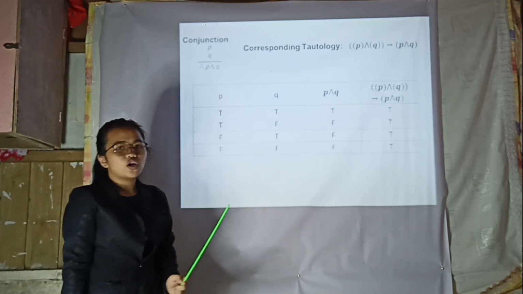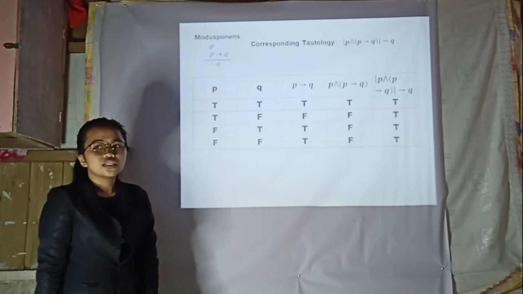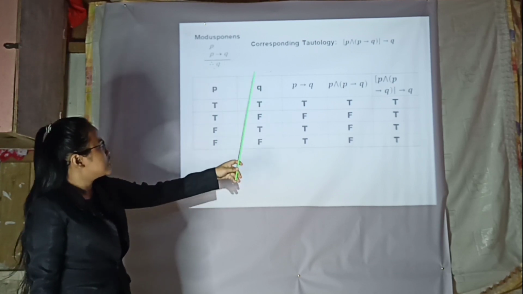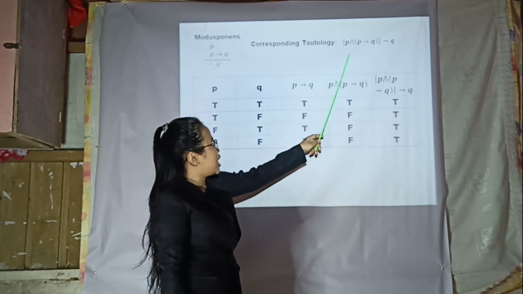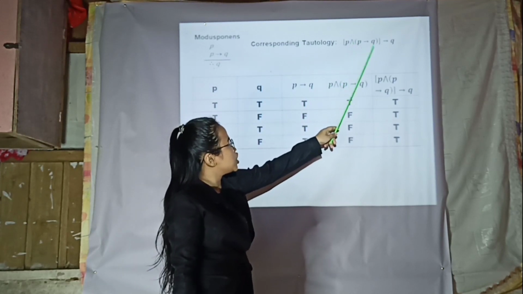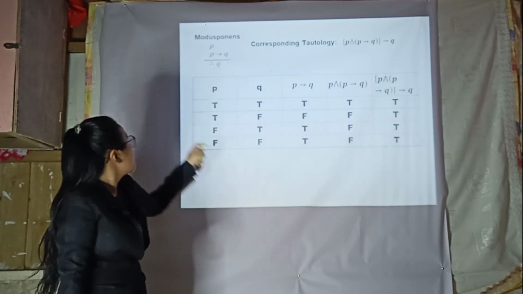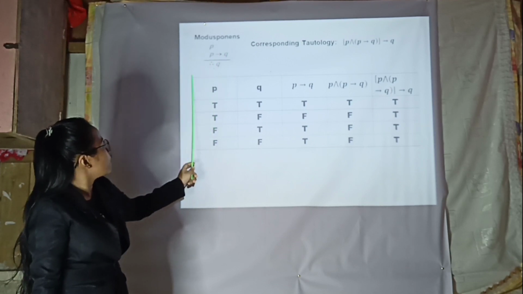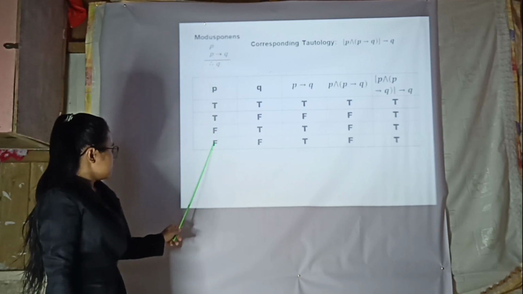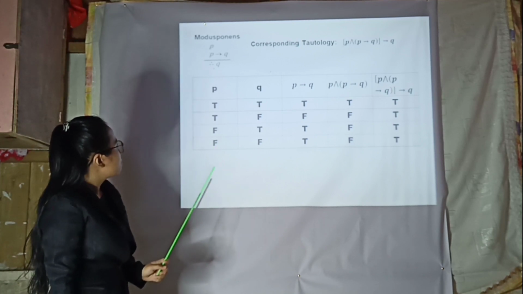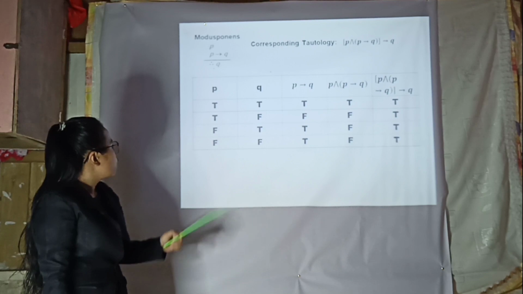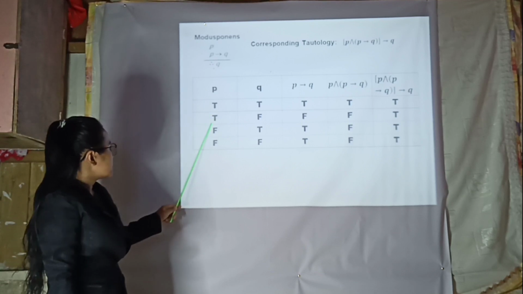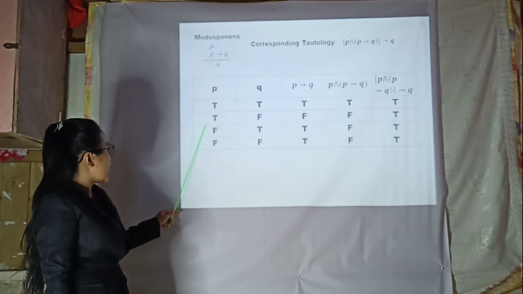Let's proceed to the fourth one. The fourth rule of inference is the modus ponens. The corresponding tautology is P and if P then Q implies Q. So P and if P then Q, therefore Q. We have two variables, so 2 squared equals 4, divided by 2 equals 2. In P, there are 2 true and 2 false.